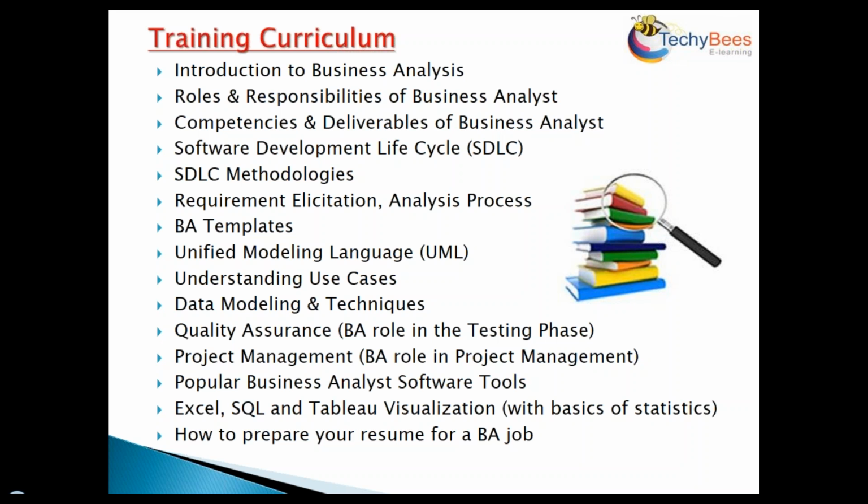So you will also learn concepts relating to process improvement or BPMN, that is business process modeling notation. There are various stages in which the business analysis activities will be performed, which I will explain to you in detail.